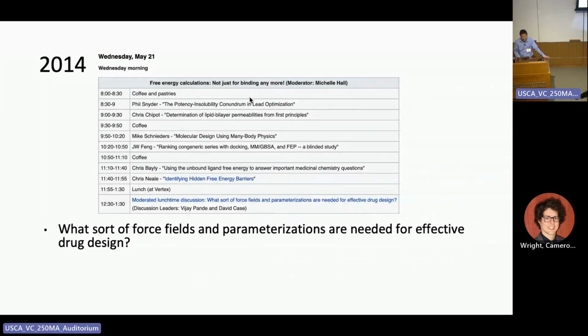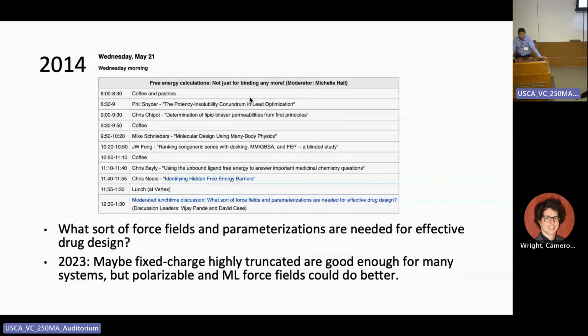What sort of force fields and parameterizations are needed for effective drug design? So the question back then is, can this actually be useful? And I think a lot of people say that it has become useful. Yeah, okay. We have these fixed charge force fields that we beat to death, and they're these expansions that are highly truncated and not these long distance correlations like John was mentioning yesterday.